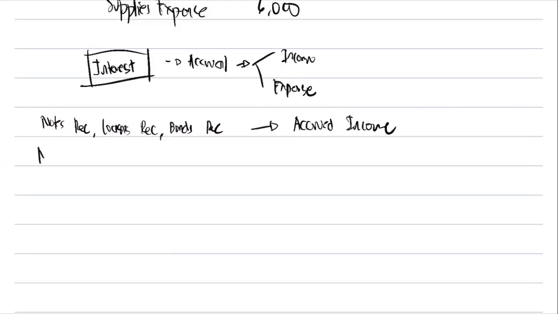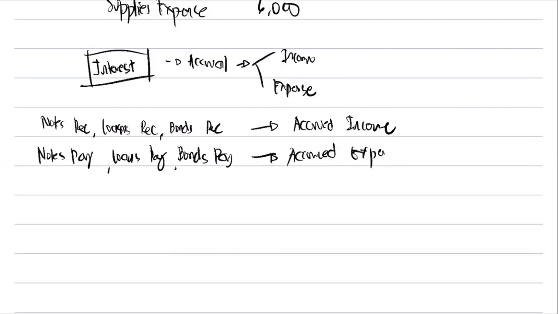Pero kung meron ka namang notes payable, loans payable, or bonds payable, doon ka naman magkakaroon ng accrued expense. Okay. So itong interest, pwede pala siyang income, pwede rin siyang expense.